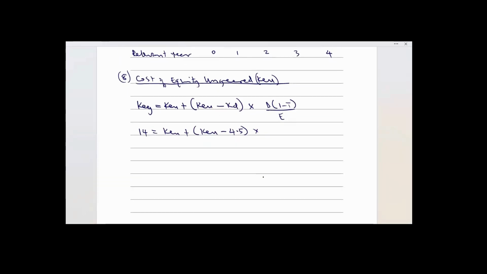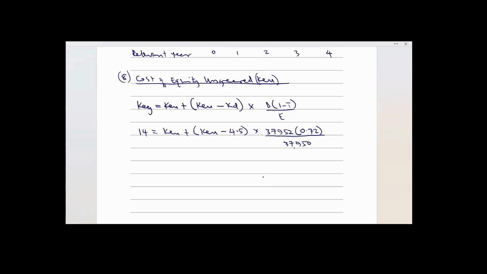Debt is 37,952, multiplied by the tax rate of Cantona, which is 28%, so we account for 72%, divided by 37,950.